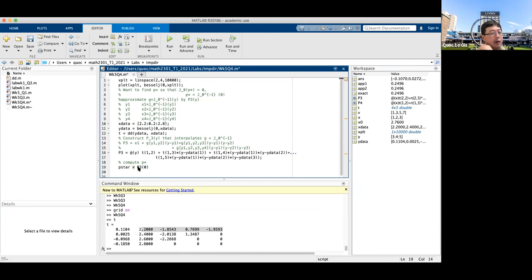And you know, I mean, you can evaluate what is J0 of P star, right? So maybe you print out.